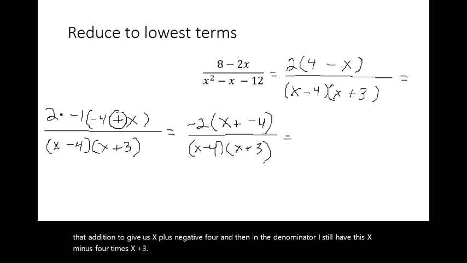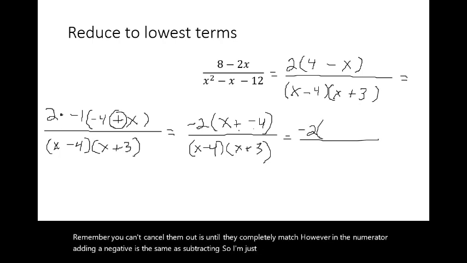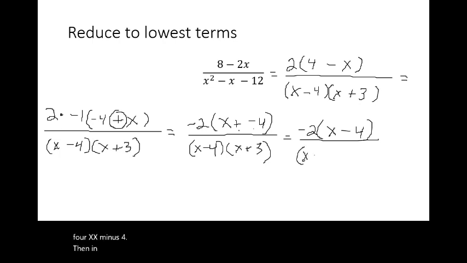Remember, you can't cancel them out until they completely match. However, in the numerator, adding a negative is the same as subtracting. So I'm just going to rewrite that x plus negative 4 as x minus 4. Then in the denominator, I have x minus 4 times x plus 3.